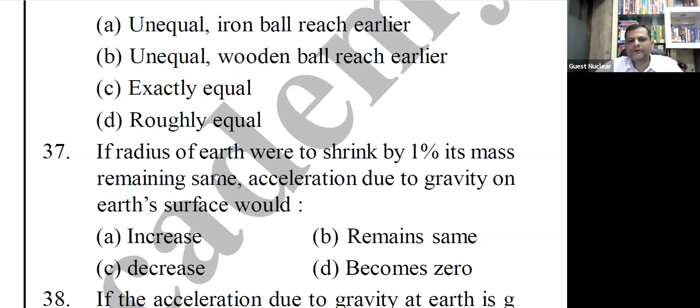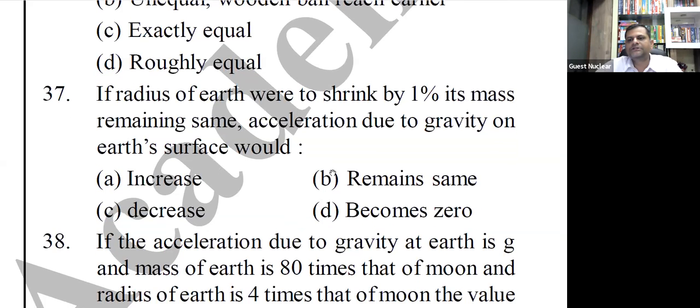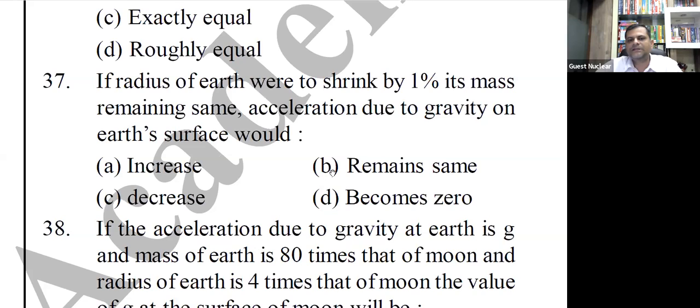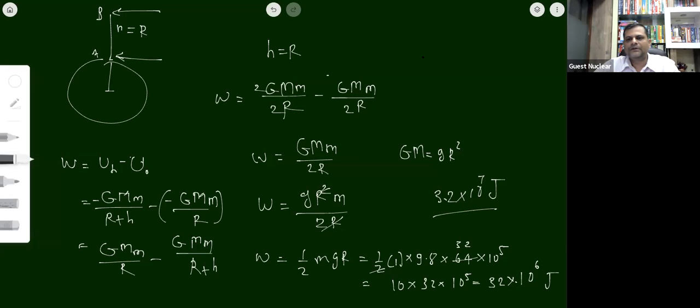If the radius of Earth were to shrink by 1% with its mass remaining the same, then acceleration due to gravity on the Earth's surface would... Just see here, what is the formula for acceleration due to gravity? g is equal to capital G m upon r square, correct? So if we keep mass constant, g is inversely proportional to r square.